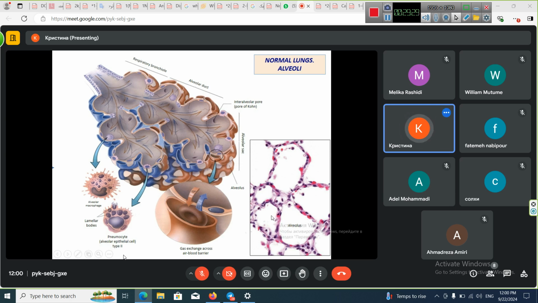These not stained areas are inner spaces of alveoli. They are not filled with anything because they should be filled with air. Air goes in alveoli, and these are the walls of alveoli. They are made up of very thin alveolar cells, one alveolar cell layer which corresponds to this alveolus, and a second layer of flattened alveolar cells which corresponds to this alveolus.